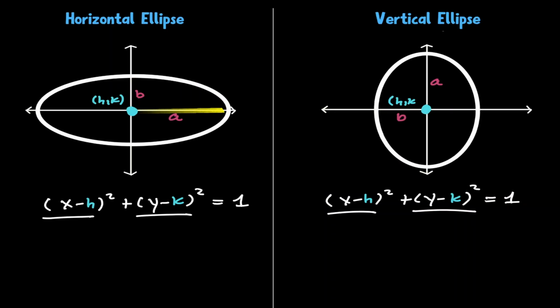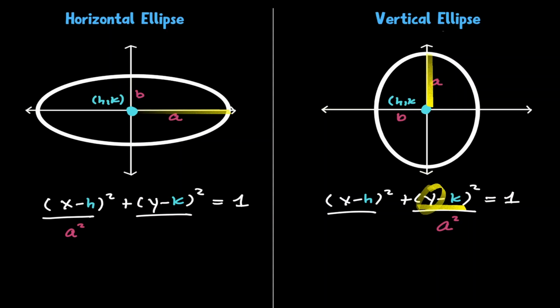When the major axis is running horizontally, we are going to place a squared underneath the term that represents the horizontal movement, those values of x's. And if our major axis is running vertically, we are going to place a squared underneath the term that has the y values.